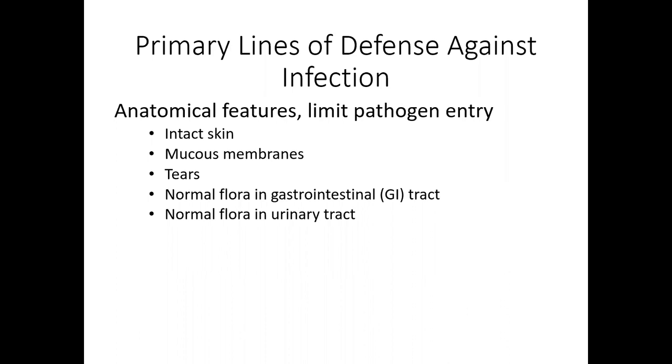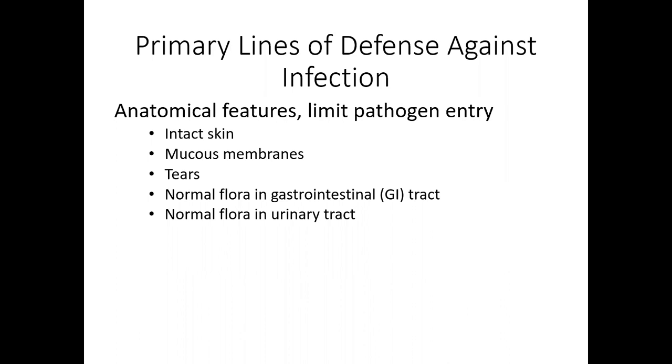And then once these microorganisms are noticed, we're going to cough, we're going to sneeze, and we're going to forcefully expel the organisms from the trap. Then we have tears. So your tears come from your glands, and they contain lysozymes, which is an antimicrobial enzyme. So tears help the body wash infected organisms from our eyes.